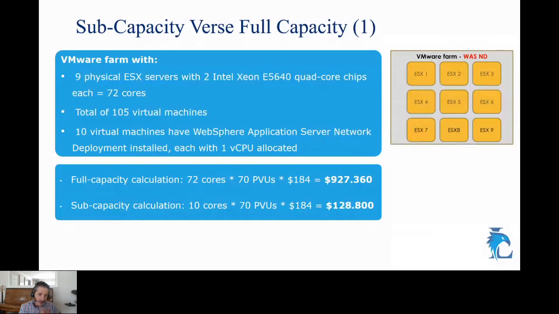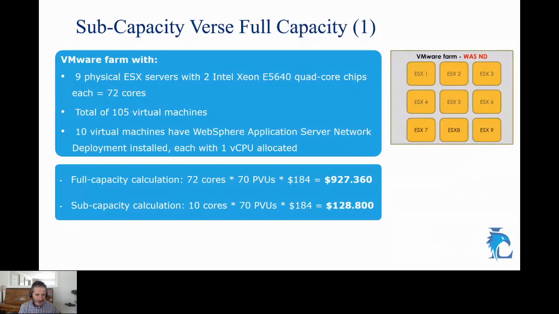We've created 10 virtual machines, each with WASND deployed, because it's 10 with one virtual CPU each. That's where the 10 comes from, but only if we have sub-capacity licensing implemented. So rather than the 72 you have to license, which is full capacity, we can license the 10 cores, which is the sub-capacity. I hope that explained it a little better.